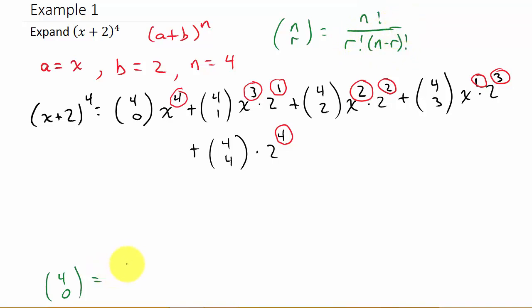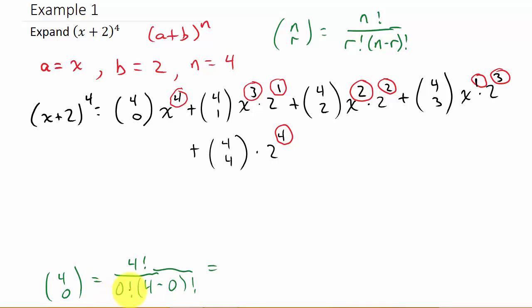So that's going to be 4 factorial over, and r in this case is 0, so that's 0 factorial times, and then what is that? 4 minus 0, n is 4, r is 0, factorial.